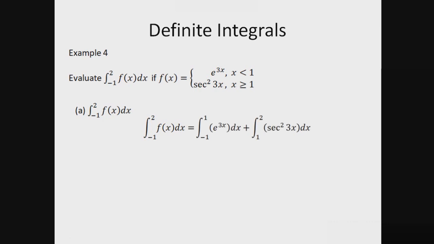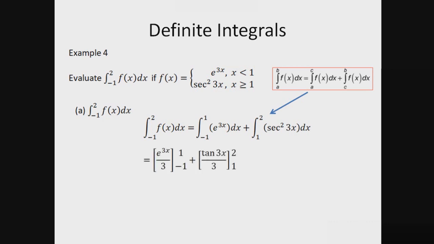We get the integral from -1 up to 1 of e^(3x) dx, because that region is x less than 1. The other function is sec^2(3x), so we get the integral from 1 to 2, because that region says x must be greater than or equal to 1. Integrating, we get e^(3x) over 3 evaluated between the limits, plus tan(3x) over 3 from 1 up to 2.